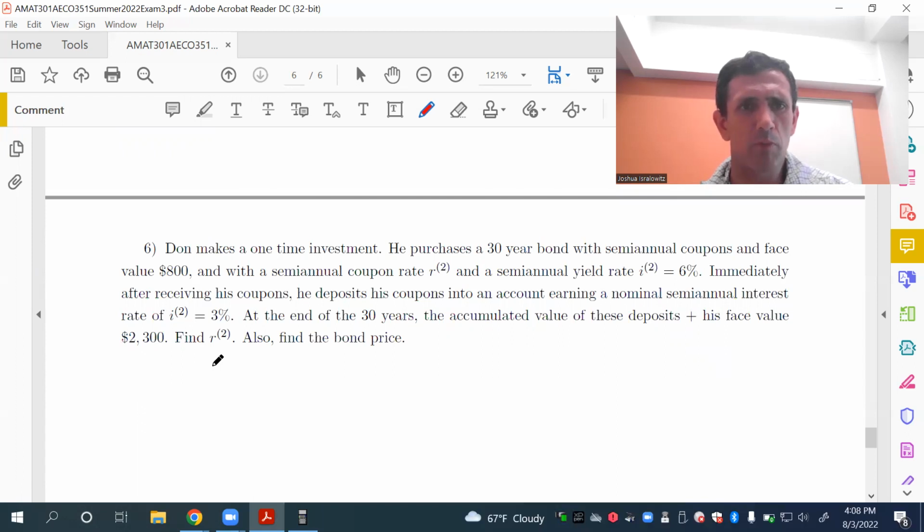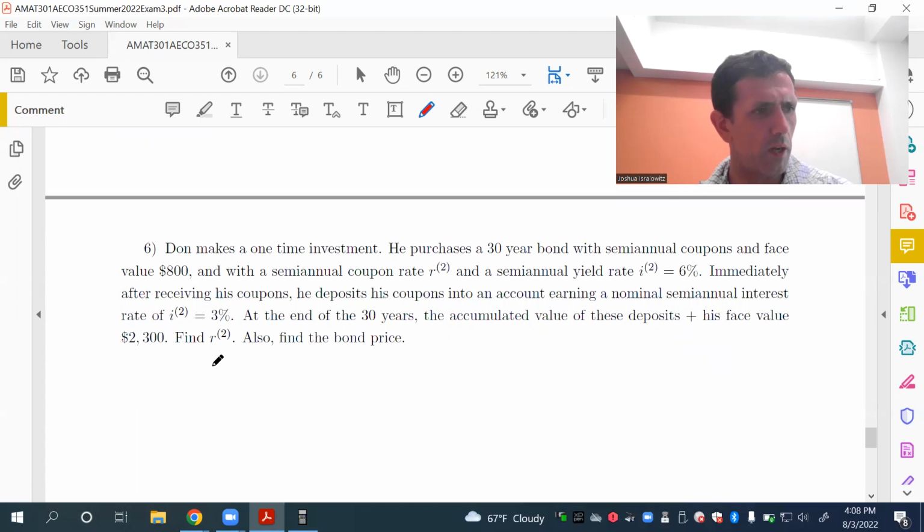Immediately after receiving his coupons, he deposits them into an account earning 3% semi-annual nominal rate. If the accumulated value of everything is 2,300 at the end of 30 years, then find R2 and find the bond price.